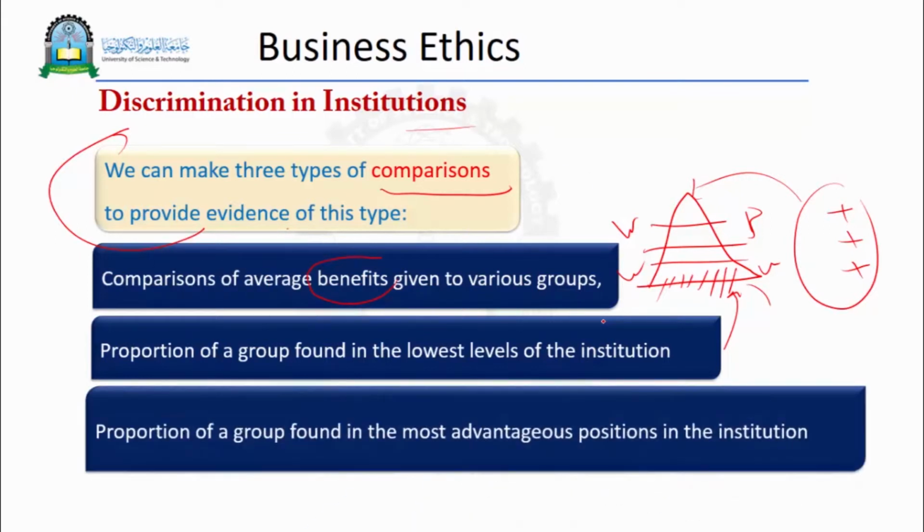The last one, the proportion of a group found in the most advantageous positions in the institutions, high-ranking positions or top management. So by comparing the proportion of those people holding these advantageous positions to the places down the levels, we may have an idea whether the company is actually discriminating against employees or not.